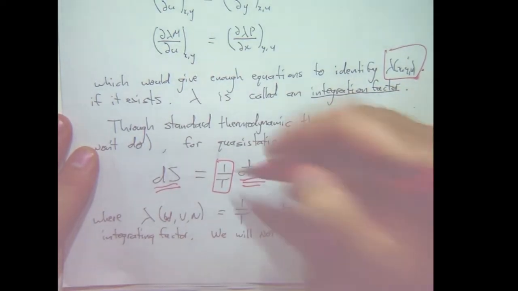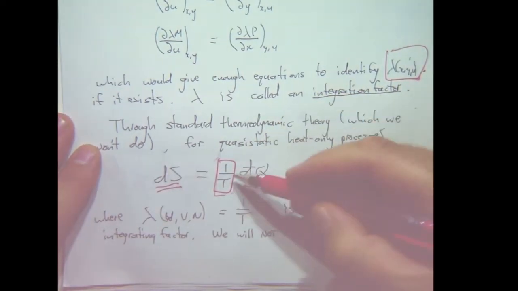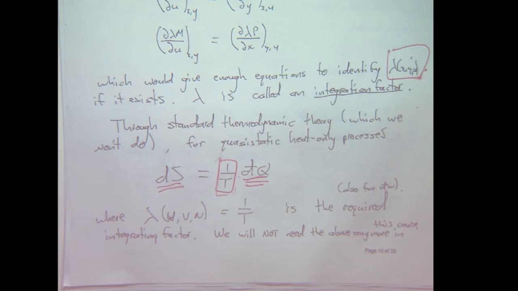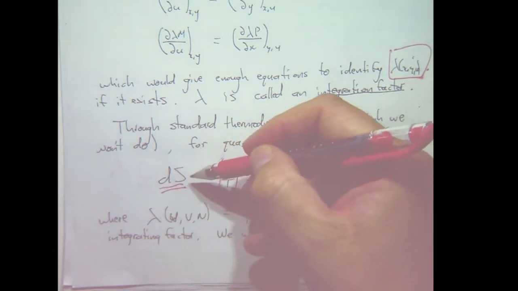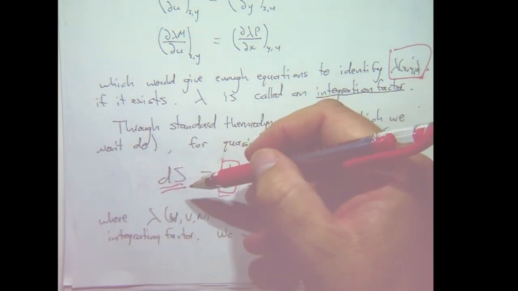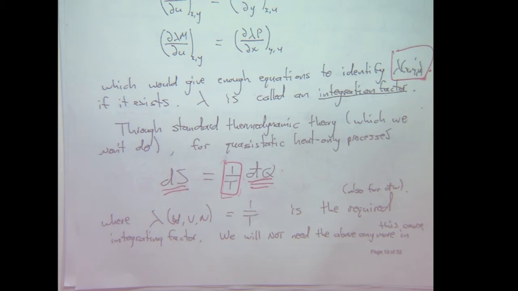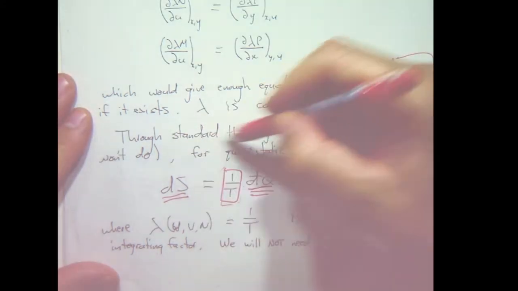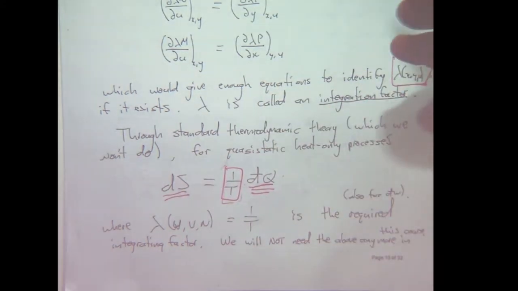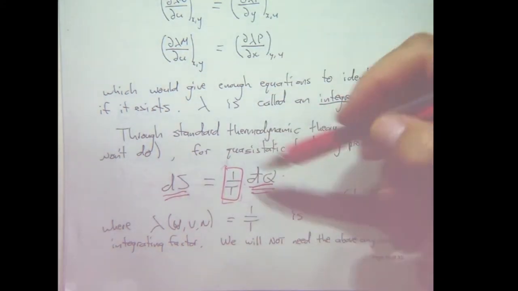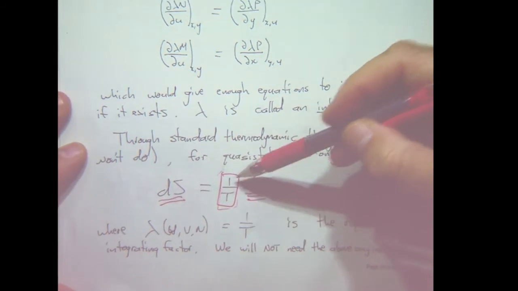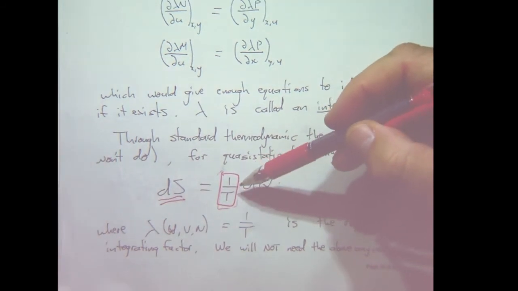So this is just the outline of the steps for proving that 1 over T is an integrating factor for dQ that gives you dS. This is from axiomatic thermodynamics, but also from the standard thermodynamic theory. There are two different ways of doing it. You don't need to be able to do this or show this.